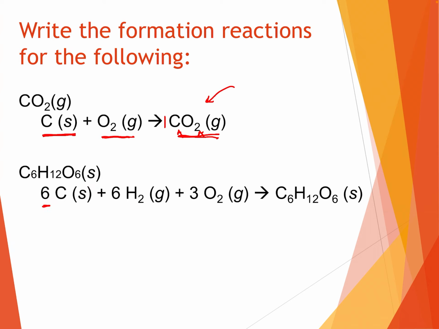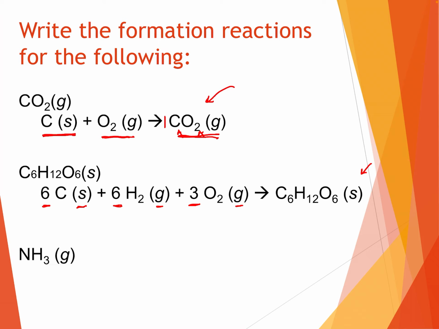Here we needed 6 carbons to get our C6. We needed 6 diatomic hydrogens to get H12. And we need 3 diatomic oxygens to get O6. If we add those all up, we make sure that we've got the right amount. We get C6H12O6. So again, we're writing all of these elements in their standard state. Carbon's a solid, hydrogen's a gas, oxygen's a gas.